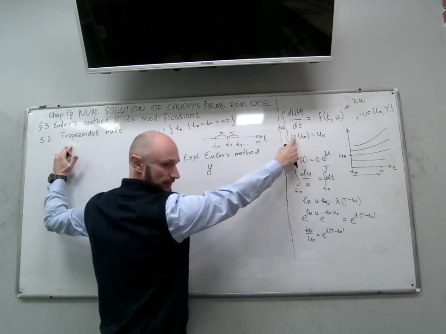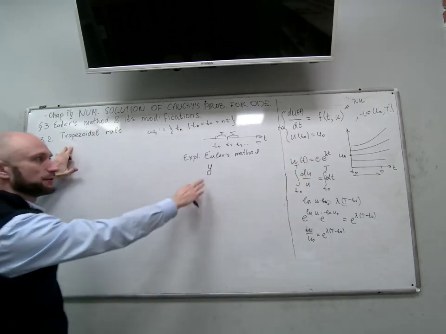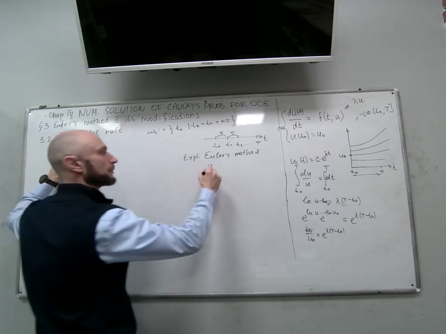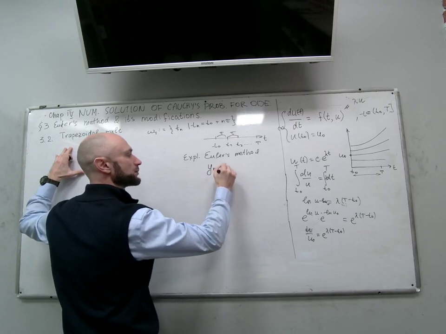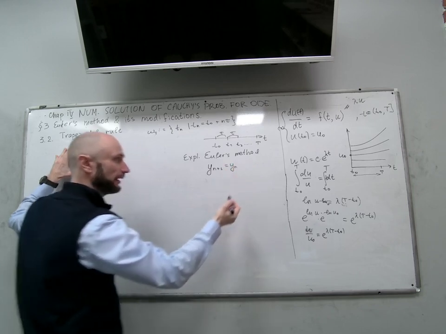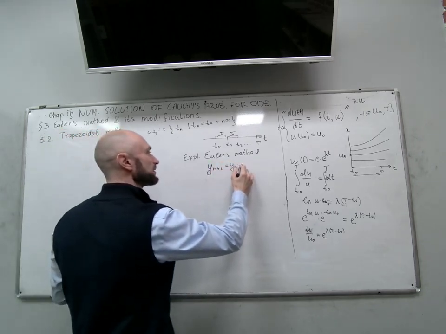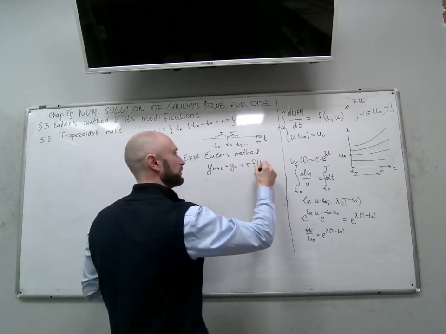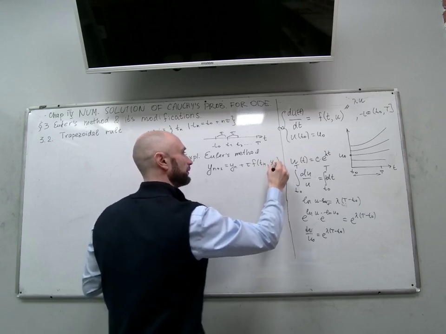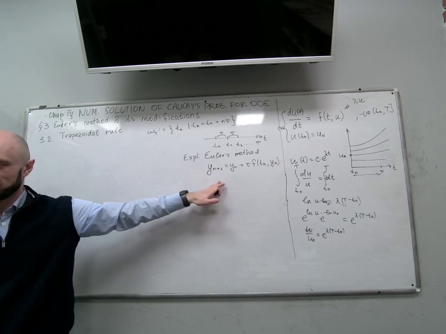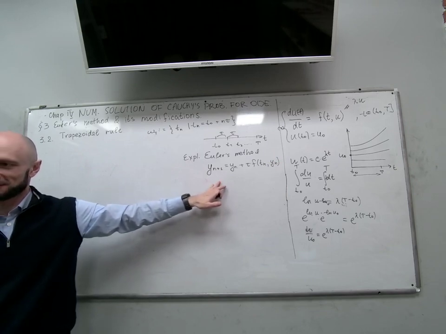If u is an exact solution, then I denote the approximate solution with letter y, and say that yn plus 1 is equal to yn plus, I will not derive it again, I did it last time. Are you familiar with this approach as well? No.